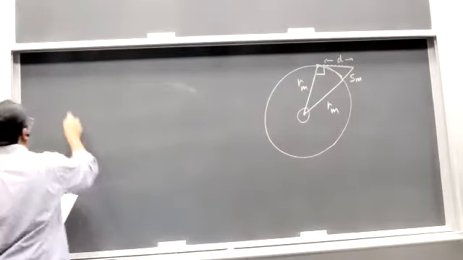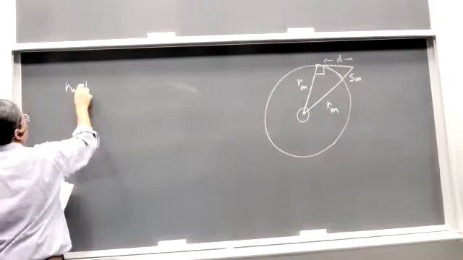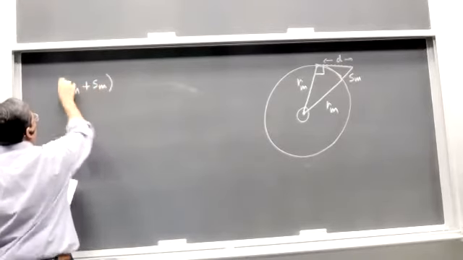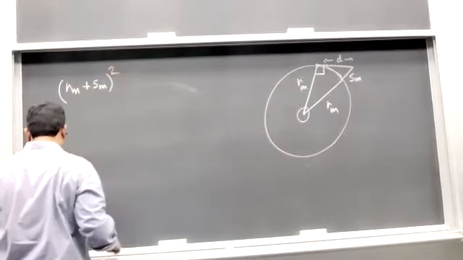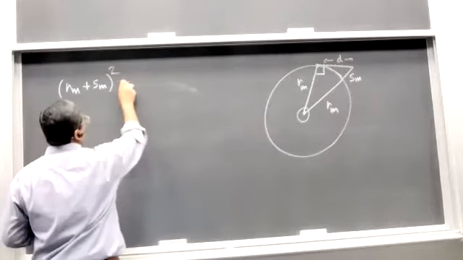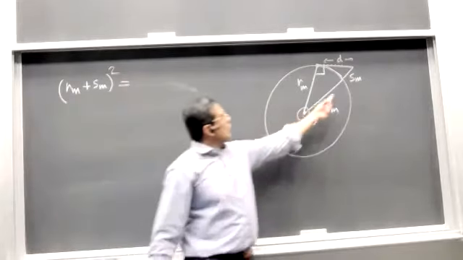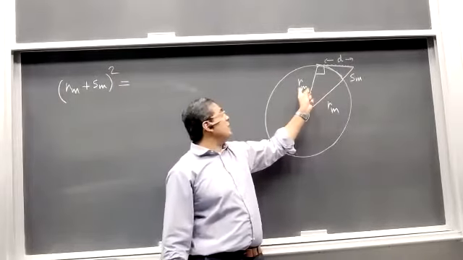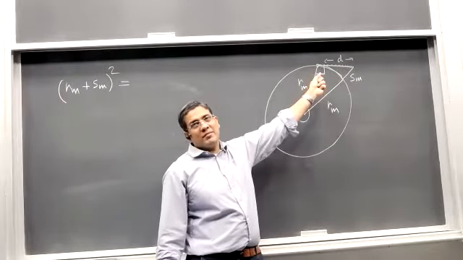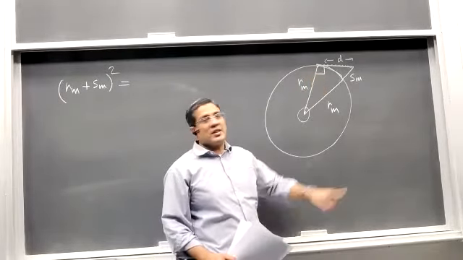So I can write RM plus SM squared is equal to what? This total distance, this side squared, equal to RM square plus D square, right? Isn't it? Just Pythagoras.